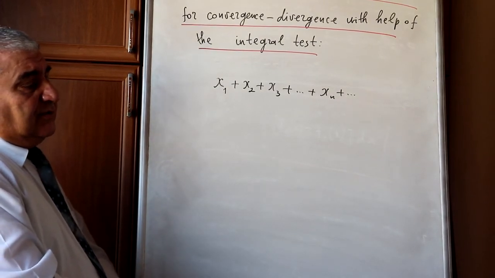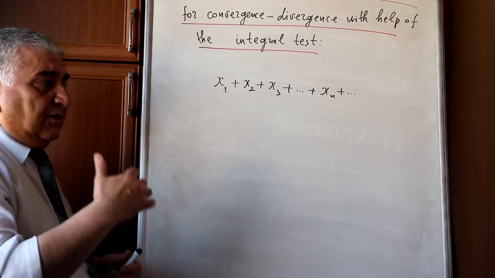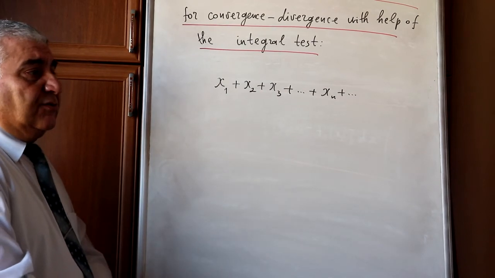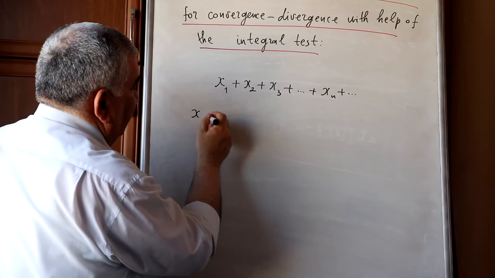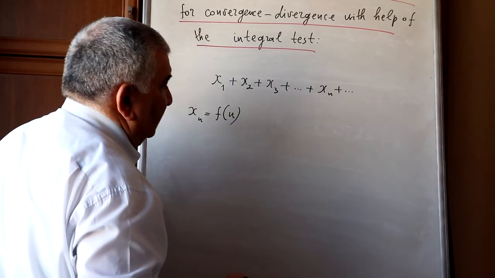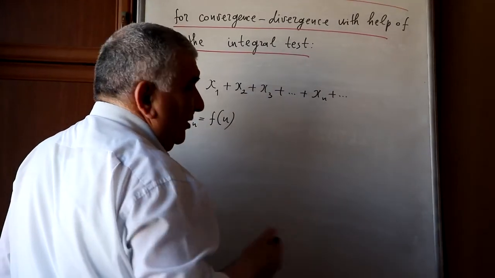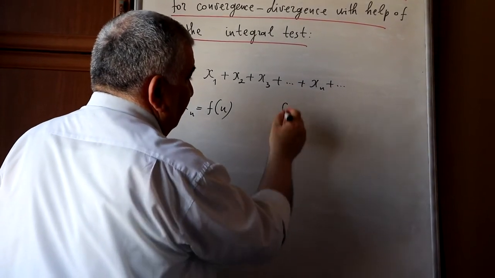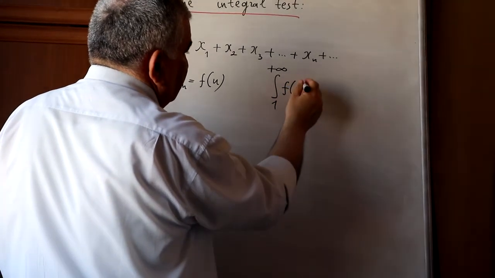We know that all terms of a numeric sequence or numeric series are functions of a natural argument. Let x sub n be f of n. Then we must calculate the following improper integral from 1 to plus infinity of f of x dx.